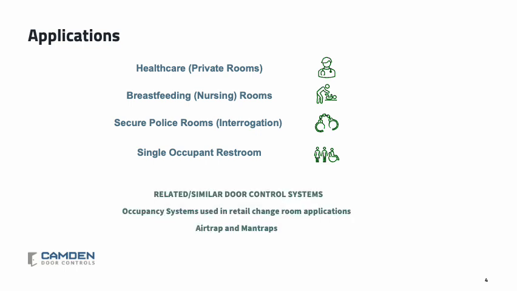But these systems are very related to other door control systems that are being installed, such as occupancy systems that are used in retail change rooms and in air trap and man trap applications where a lot of the same logic is being applied.